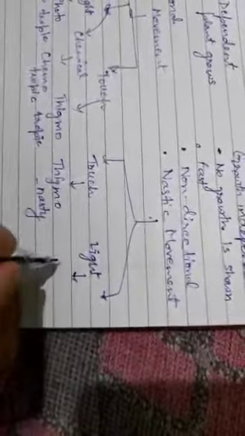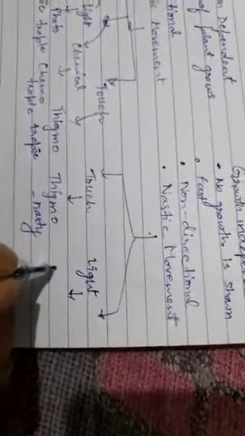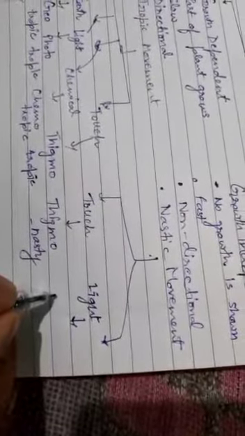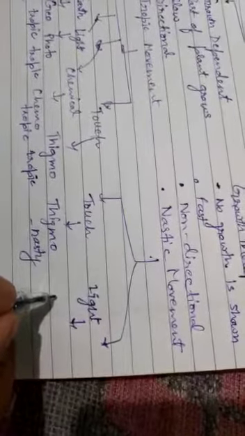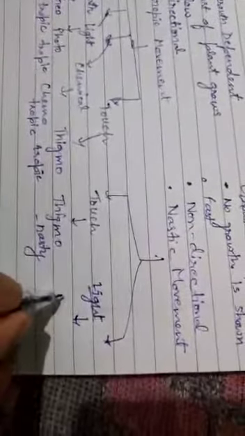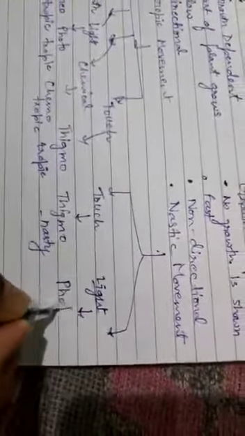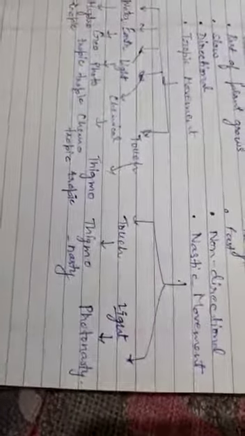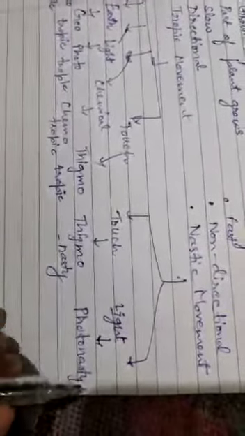The plant also responds to day and night. Some are day flowers, like sunflowers. Some are night flowers, like the night queen flower. They show a different kind of nasty, photonasty, meaning these flowers bloom in a particular period of time.